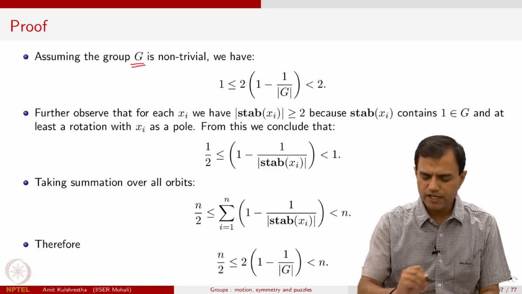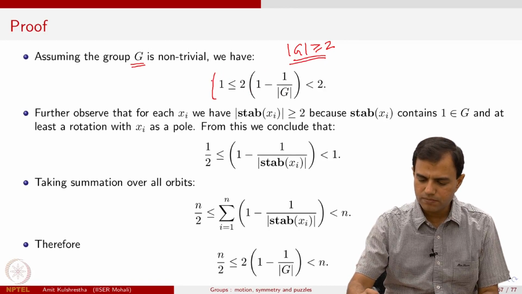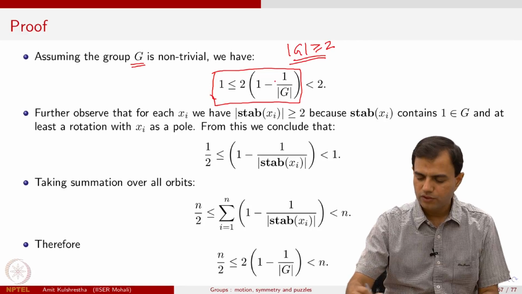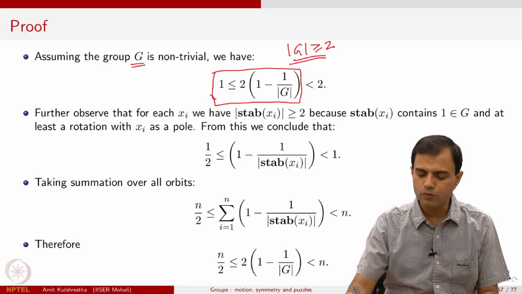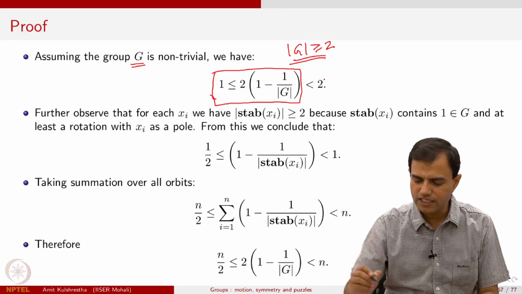If the group is non-trivial, that is the group size is greater than or equal to 2, then I have 1 by n, where n is greater than or equal to 2. So 1 minus 1 by n is certainly at least a half, and since it is less than 1, twice of something less than 1 is less than 2.